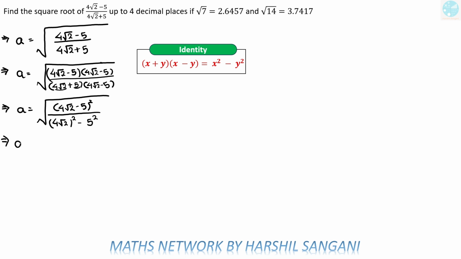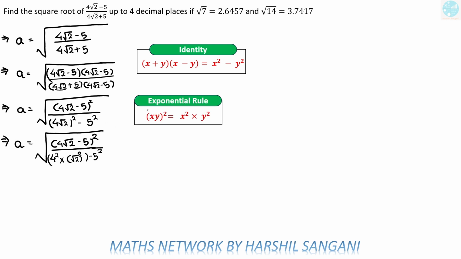So it will be A equal to the whole root of (4 root 2 minus 5) whole square upon 4 square multiplied by root 2 whole square minus 5 square. We got this (4 root 2) whole square simplified using an exponential law that for any variables, (x multiplied by y) whole square equals x square multiplied by y square.